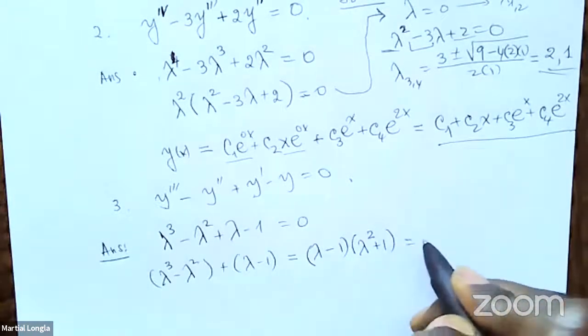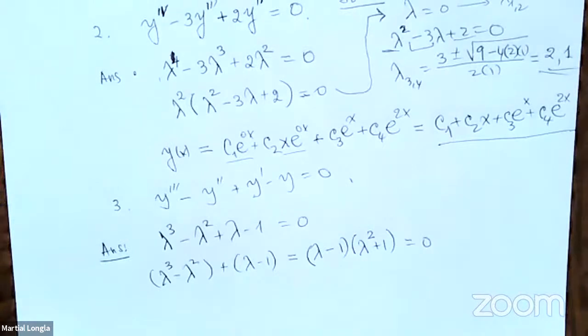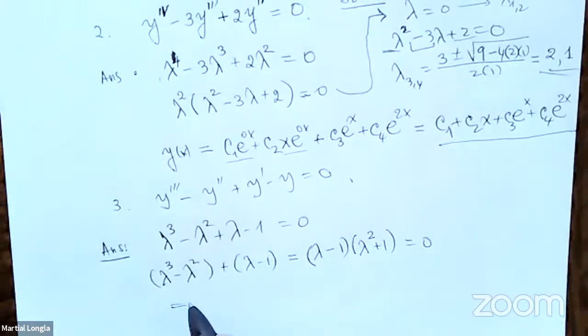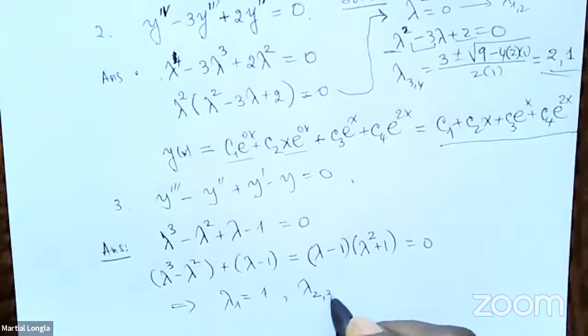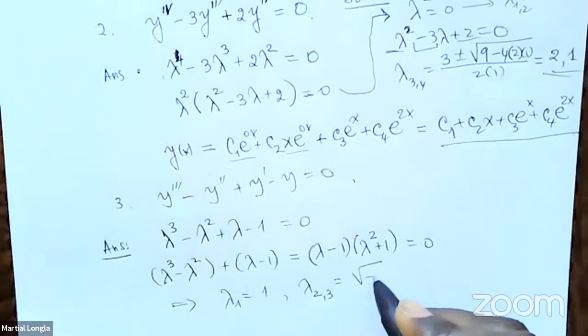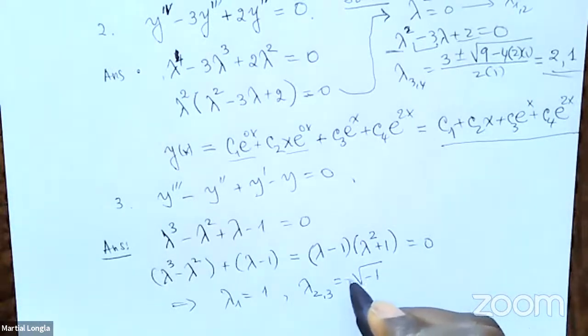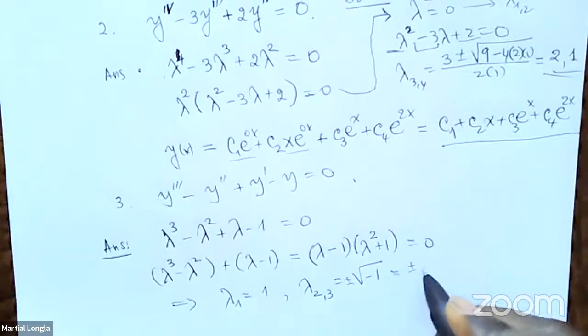Right. And so that gives you 3 answers. Lambda 1 is 1, and then lambda 2 and 3 is the square root of negative 1, which is just plus or minus i. Correct.